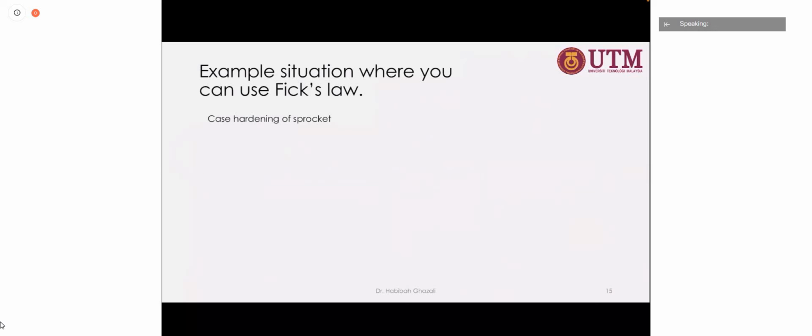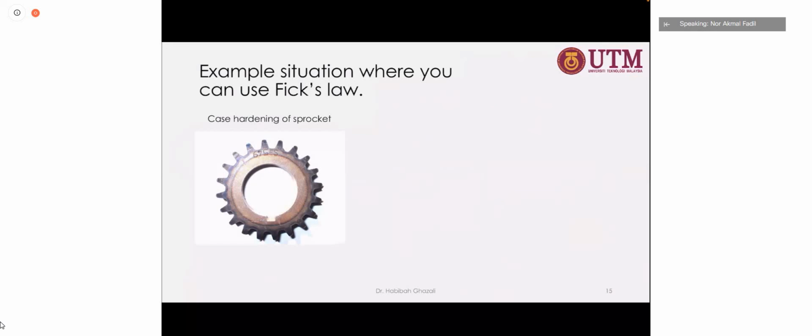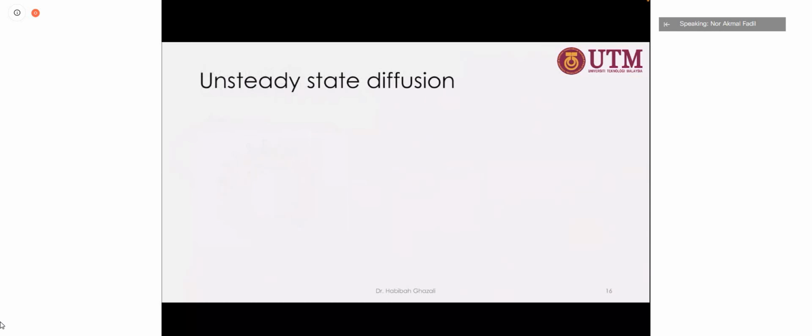Another example of applying this knowledge is usually when we do a process named case hardening. I think I have explained this earlier in the example.